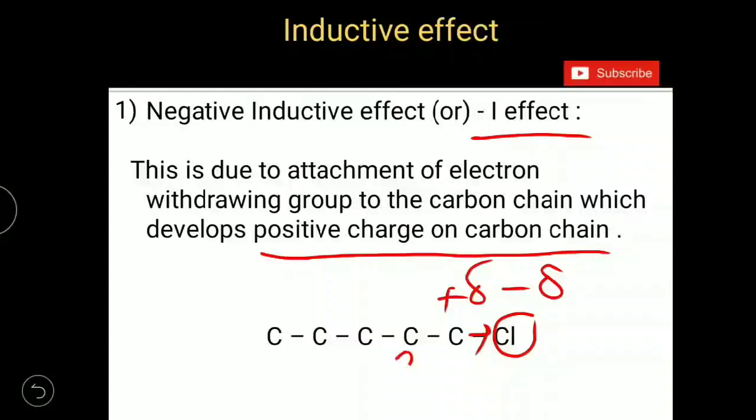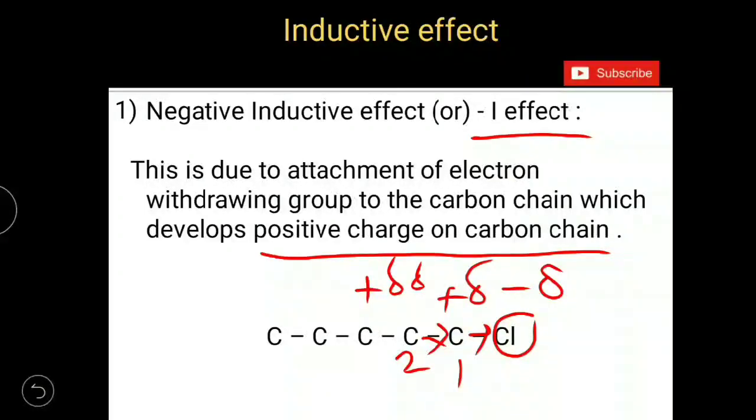So this bond pair present in between first and second carbon atom also moves towards first carbon away from the second carbon. So second carbon gets partial positive charge.